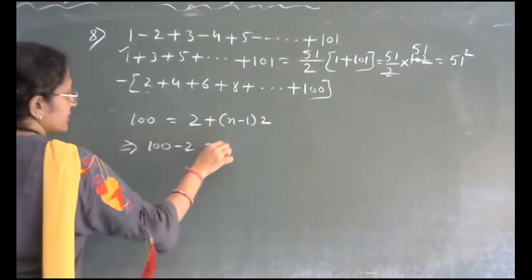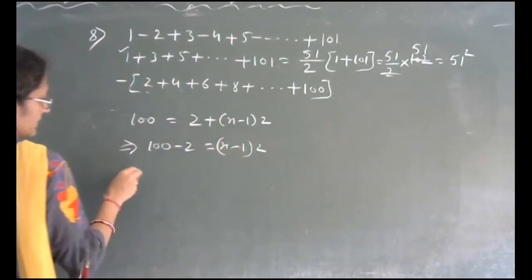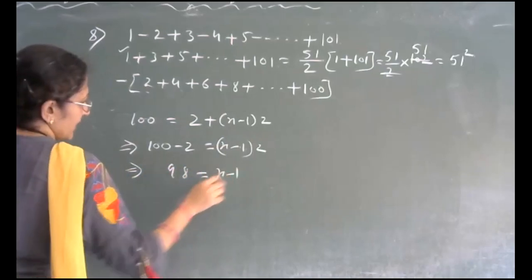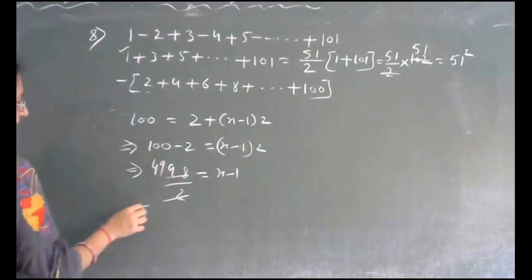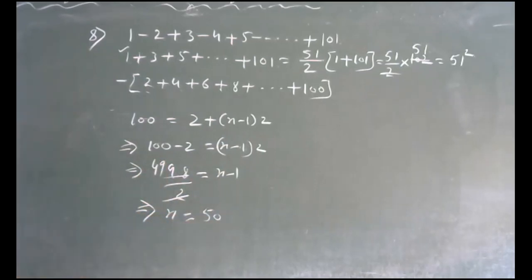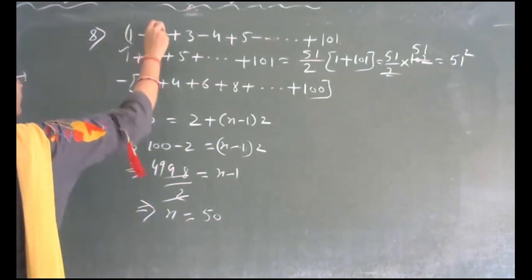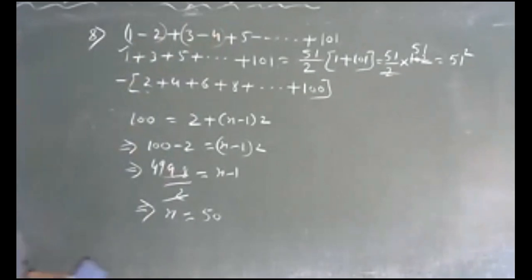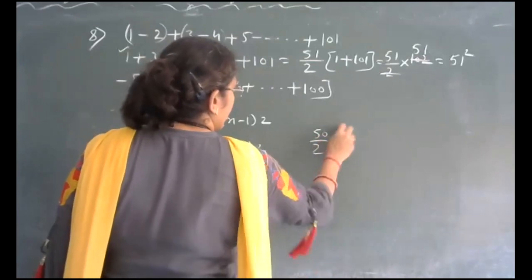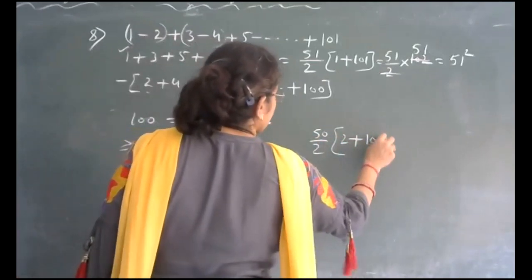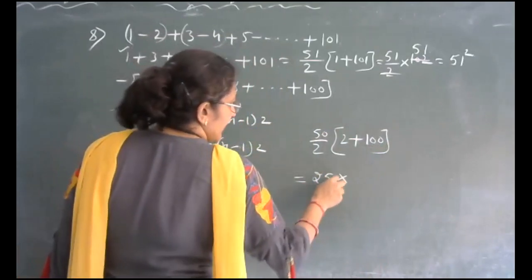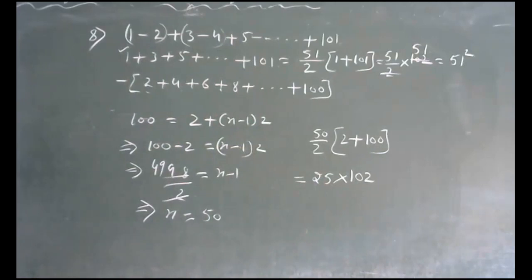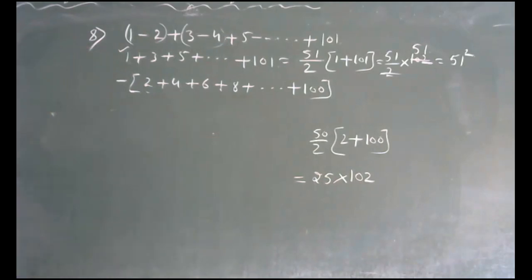So 100 minus 2 is equal to n minus 1 into d. 98 is equal to n minus 1 into 2, divided by 2 gives 49. So n is equal to 50. Otherwise, if you want to do it in short, you can pair the terms, but in the last 101 will remain alone. Clear? Now these are 50 terms, and you add them: 50 over 2, the value of a is 2, plus l is 100. So it will be 25 into 102. Clear? Now subtract the two.